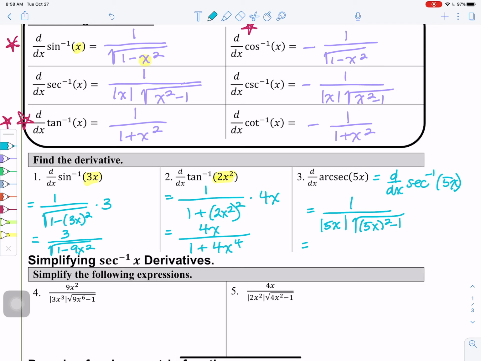So now we're going to have 1 over, and we have to multiply by the derivative of the something. Now, you need to convince yourself that this 5 can come out of the absolute value. Absolute value of 5 is 5, so come out and cancel that. And so now we have 1 over the absolute value of x times the square root of 25x squared minus 1.